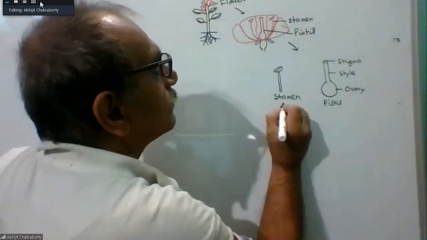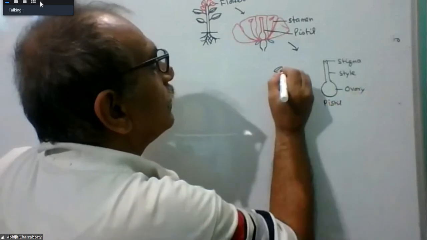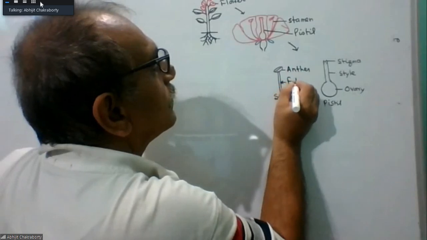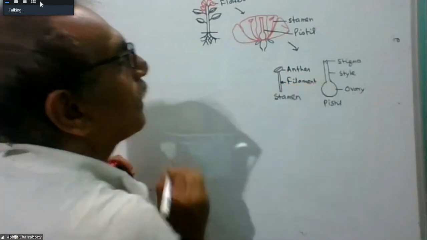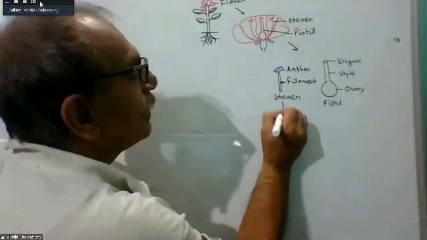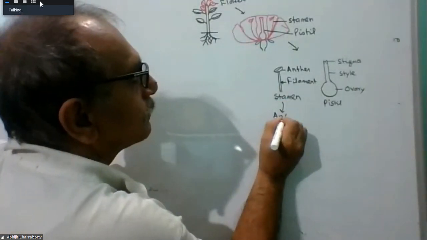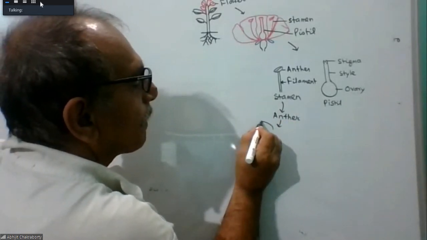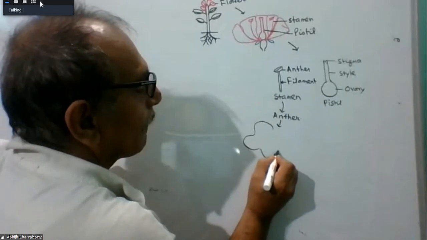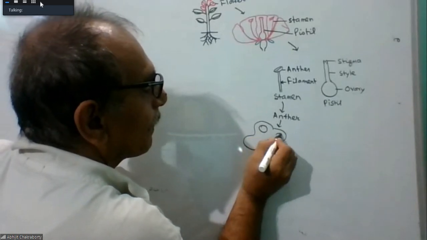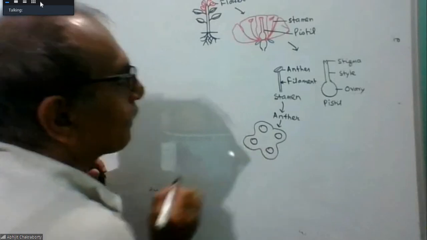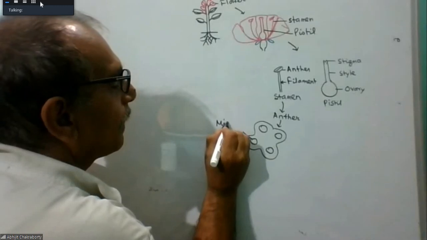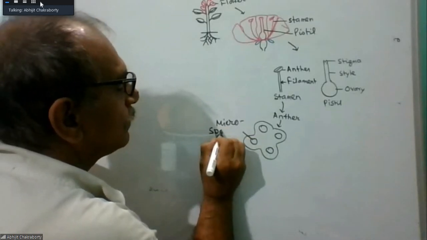Then this is called the anther and this one is the filament. So in the anther you will get the microsporangium.